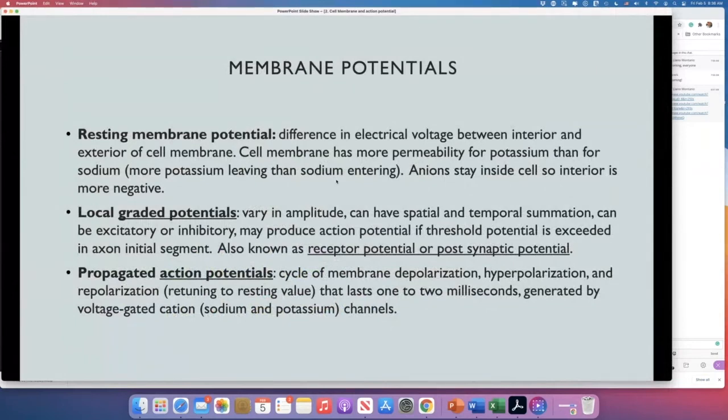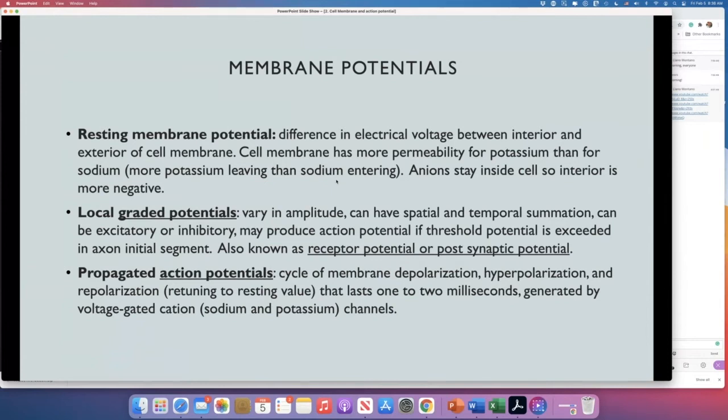So let's take a look at the membrane potentials. We were telling this before, there are basically three types of membrane potentials. Compare the word potential, remember, to when we have different types of batteries, 1.5, 9 volts, etc. So different cells will have a different membrane potential, higher or lower capacity to do work.